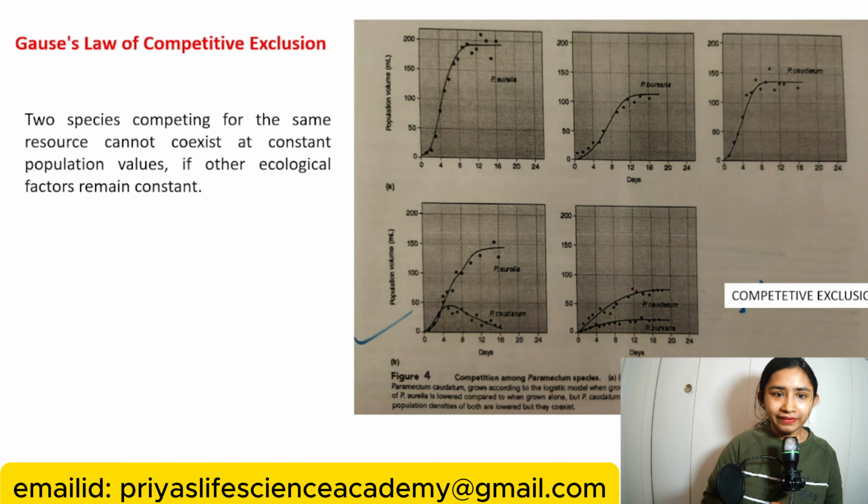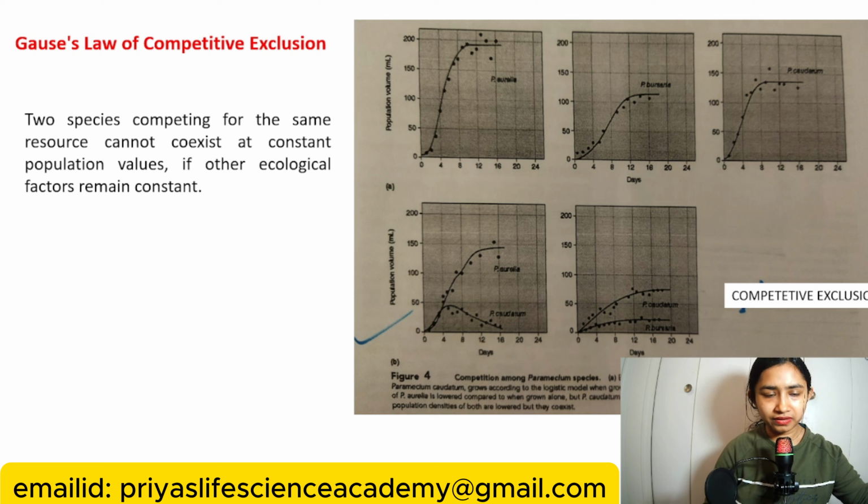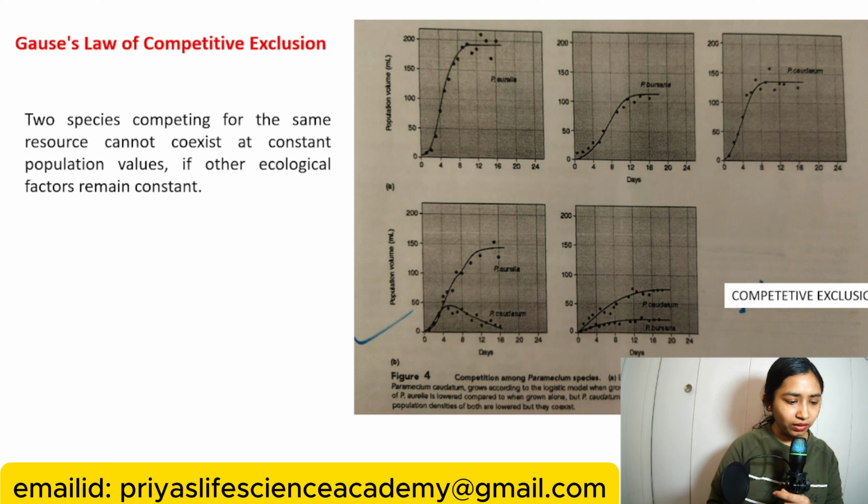Now here is a very, very important example of niche overlap and the result, that is known as competitive exclusion. Gause has given us these results, and nowadays we call it Gause's principle of competitive exclusion or Gause's law of competitive exclusion. It is very important.